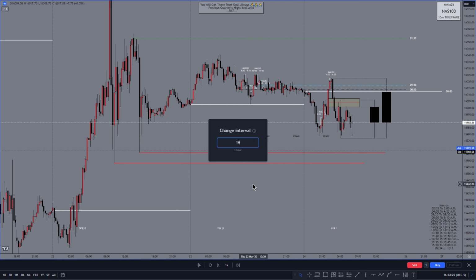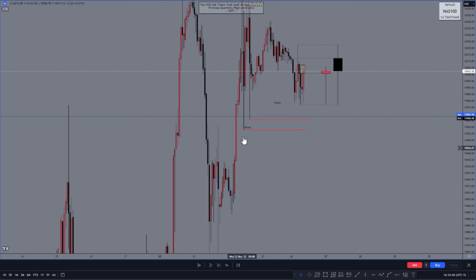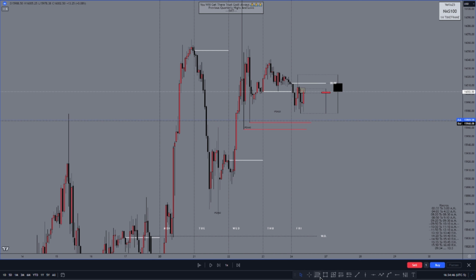Okay, and let's go to, because what we have here is this fair value gap right here, but I would like to see if the higher time frame is better, 1 hour, if this is better than 15 minutes. So let's look. Yeah, right there, a huge fair value gap, as you can see here. So I mark out this fair value gap and extend it to the right, like this.